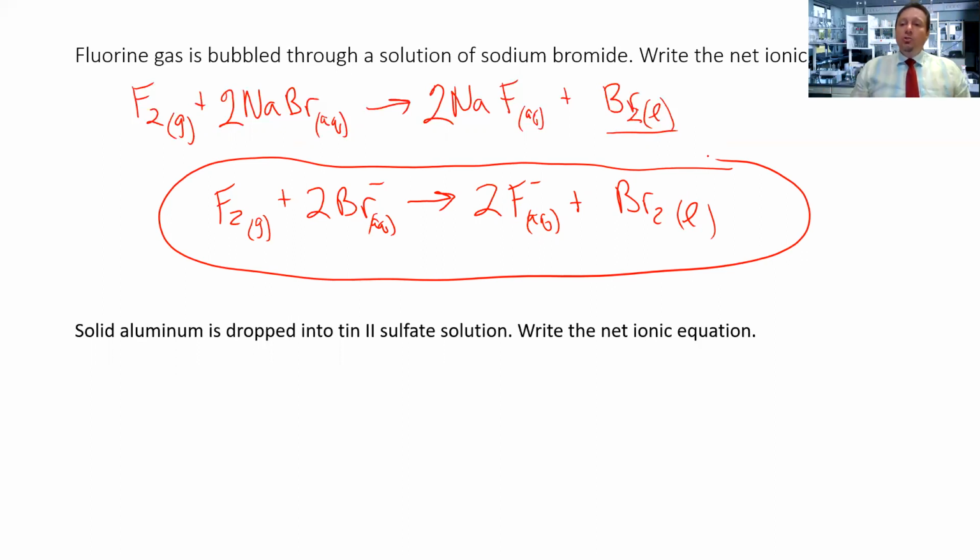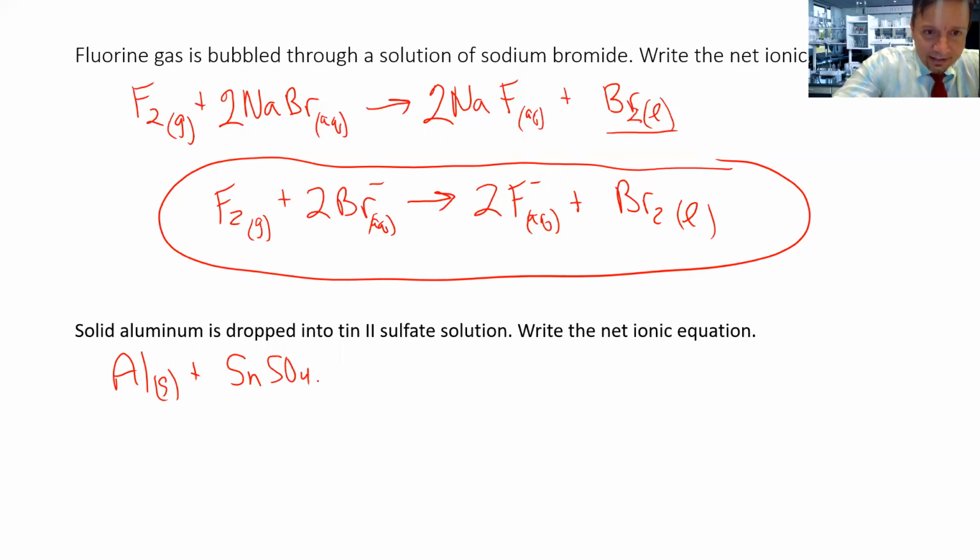So hopefully you paused the video and you tried that. So now the next one here is a little tricky. This one here gets a little bit into some redox, and we're going to look at redox in the next virtual lesson. But just writing out what we have here, solid aluminum. So aluminum solid is dropped into tin sulfate, SnSO4, and this is aqueous.